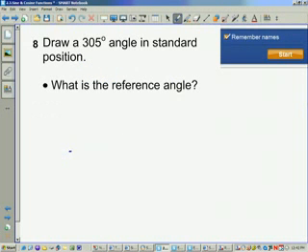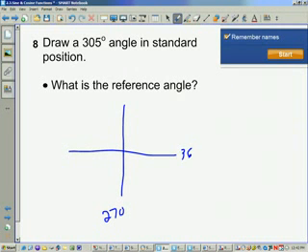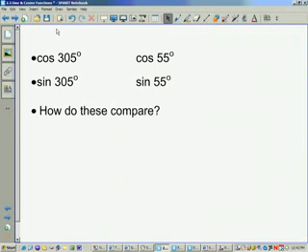So let's do the same thing with 305. 305 passes 270, so between 270 and 360, we'll find 305. And it looks like there's 55 degrees in there. That will be the reference angle. If we take a look at this, we have cosine of 305, which is 0.5736 if I round it.